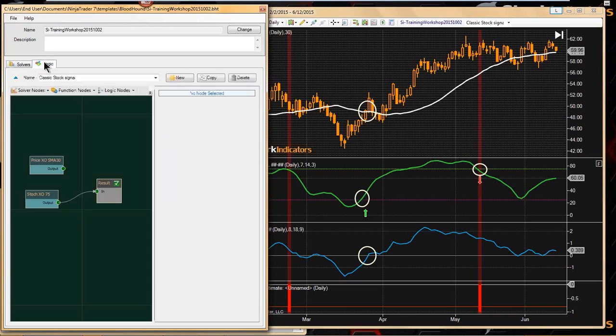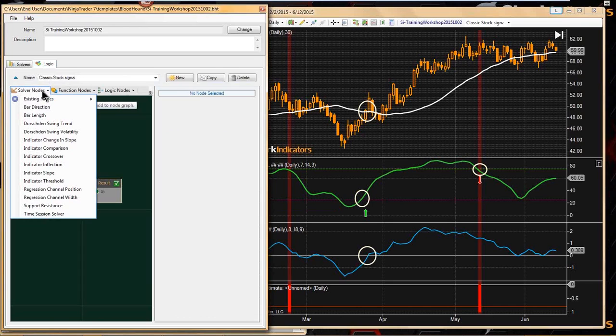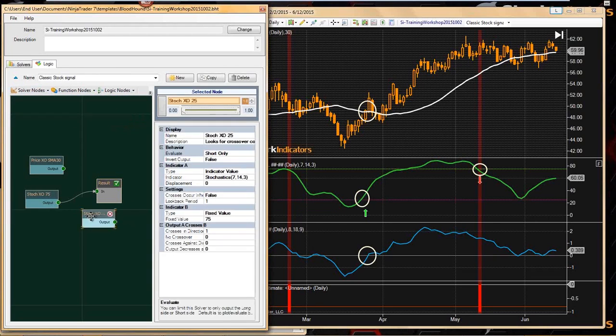Then I'm going to go back to my solvers menu, go to existing nodes, and there's that new node, the stochastic crossing the 25. So there we go, put that on the board, and now all I have to do is make a few minor changes.